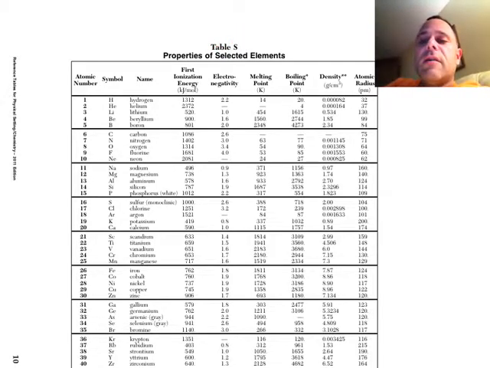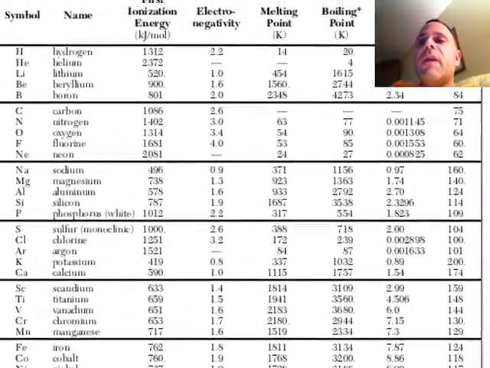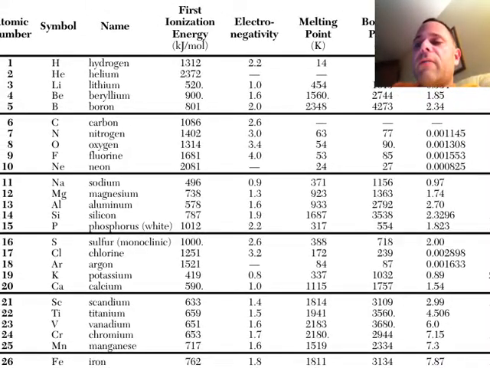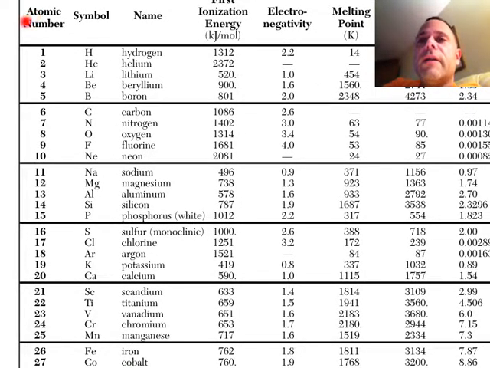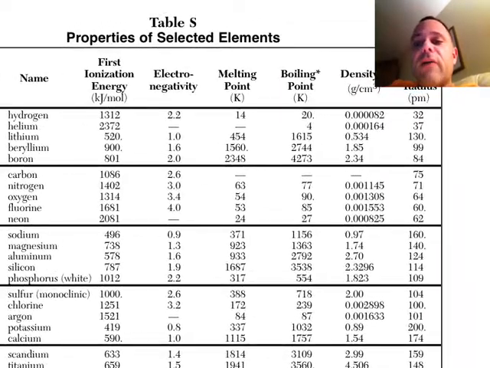Table S, let me zoom in a little bit here. On Table S we have not only our atomic numbers, but the symbols for the elements that go with it, the names. We have the value for the first ionization energy, the values for the electronegativity.